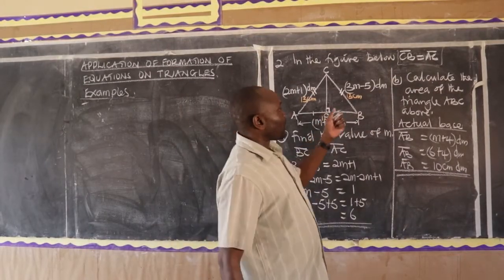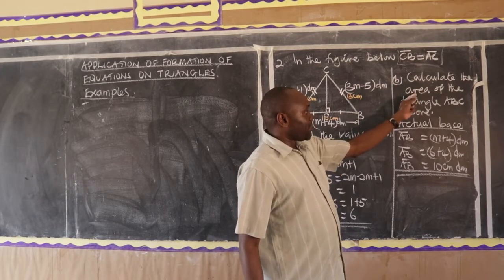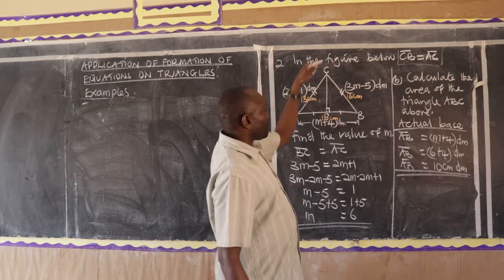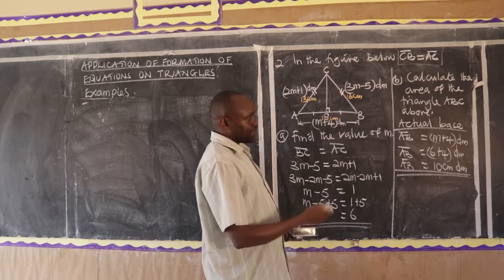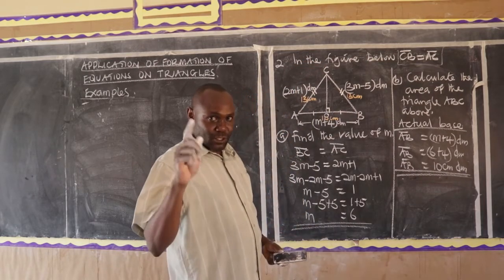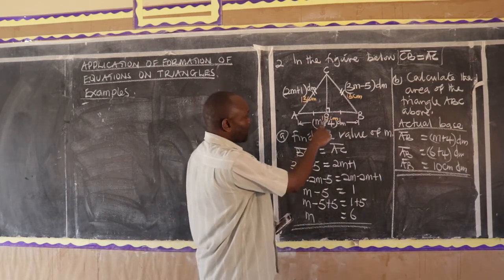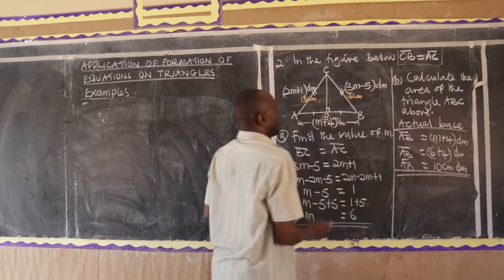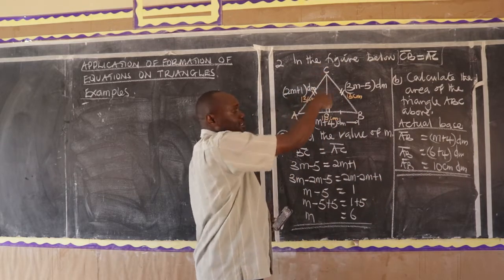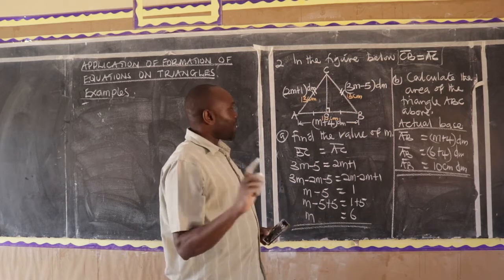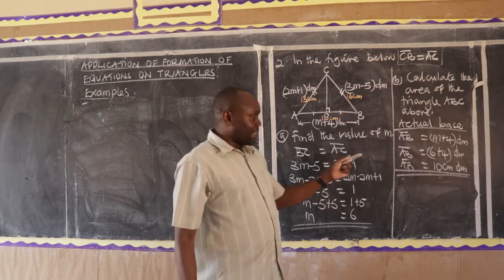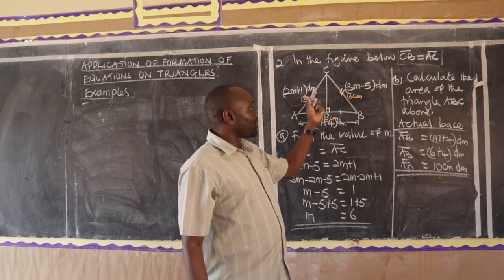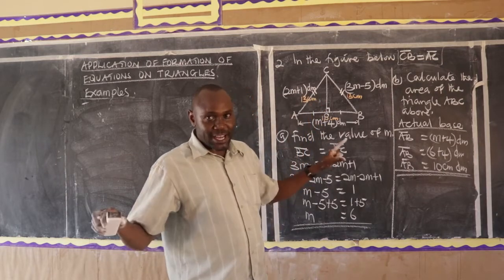Okay, candidates. The question was finding out the area of the triangle ABC. But now remember that the formula says a half base times height. We looked at the actual base and we got 10 decimeters. Now the actual height is not given. I remember that in our exercise number 2, there was a question asking you to find the length of its diagonal.